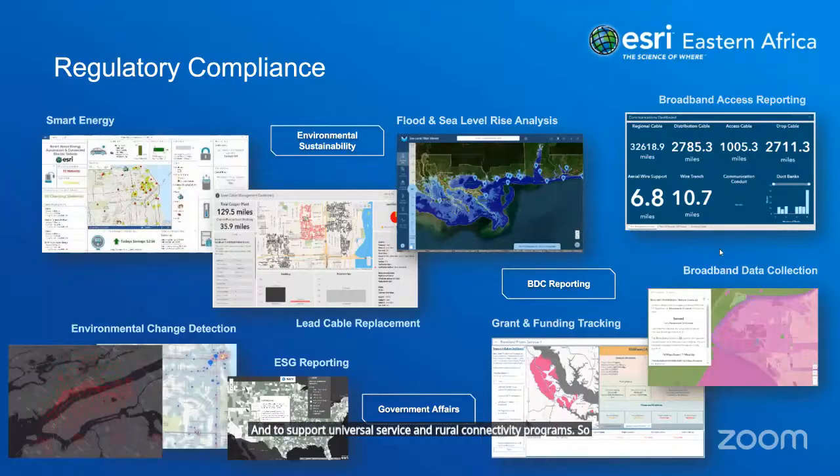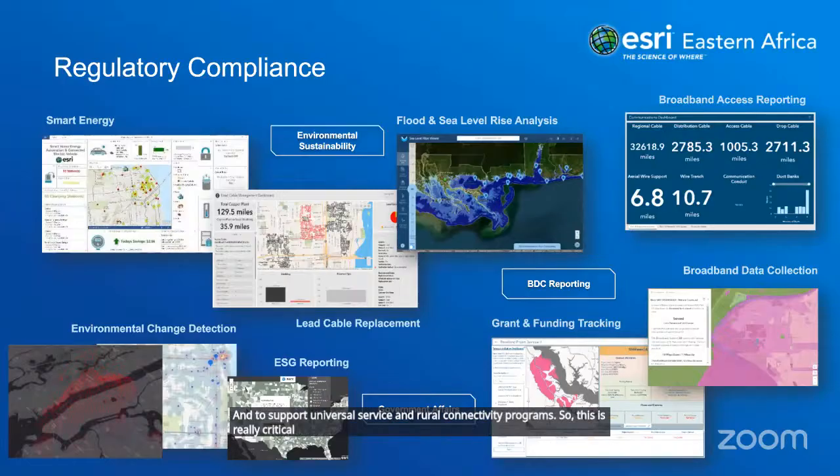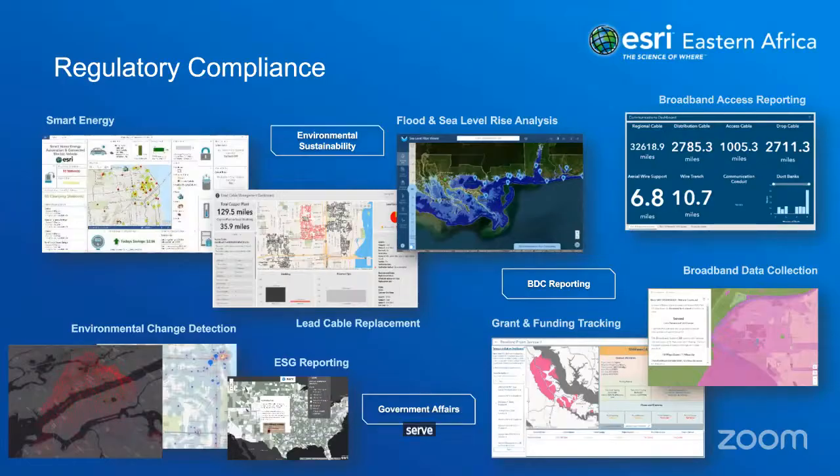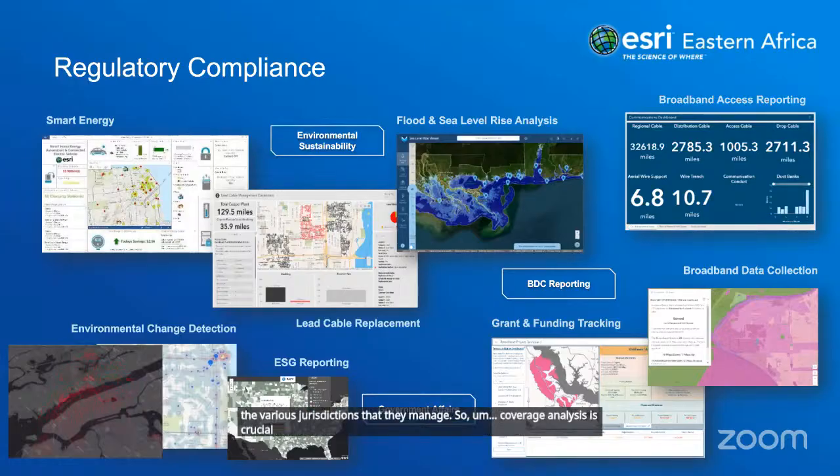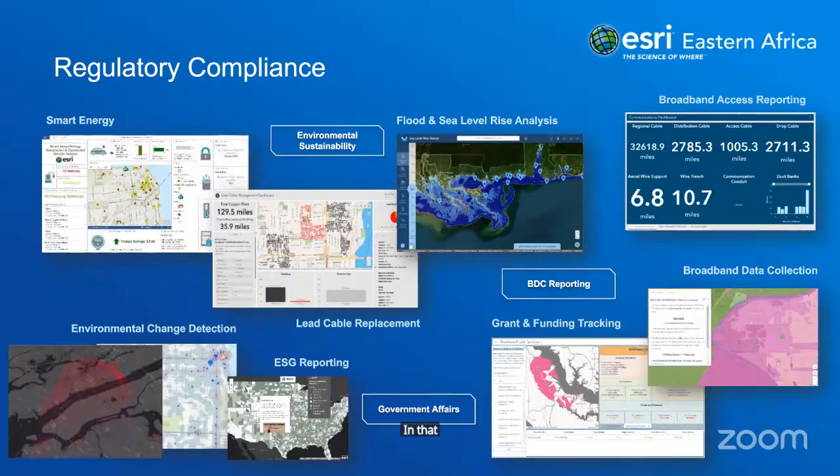So this is really critical as the regulators serve as the benchmark of coverage, as they've set these KPIs for the various operators and to serve the various jurisdictions that they manage. So coverage analysis is crucial in this sense, in that the regulators will monitor the various licensees, whether they're utilizing their license as per the set service level agreement.